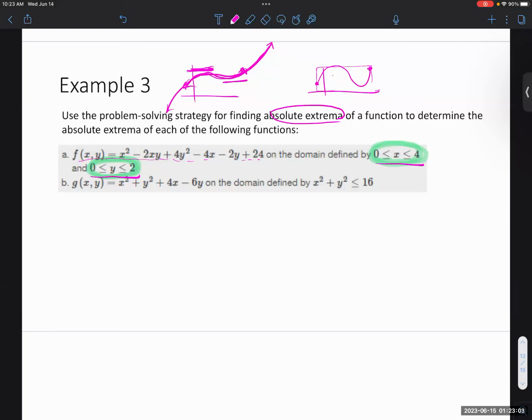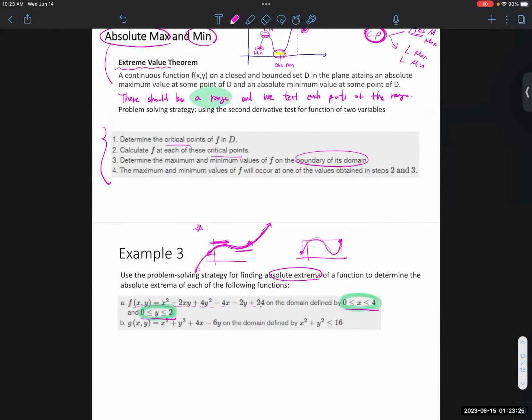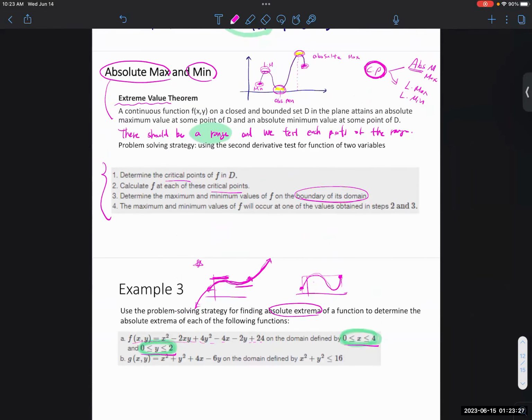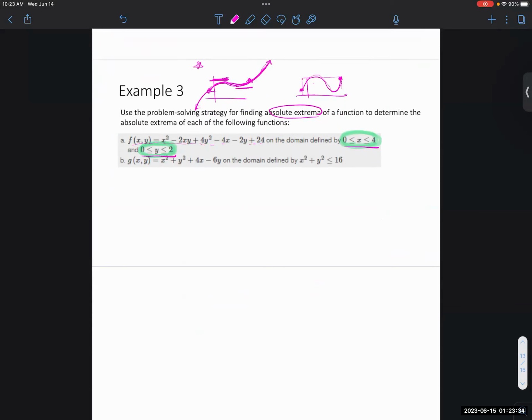But with a continuous function, we have a limitation in finding the absolute max and min because we don't know where it actually ends. If you have a specific boundary of x and y, then you will be able to find the absolute min and max. You see that? That's the difference. So let's take a look at that example.